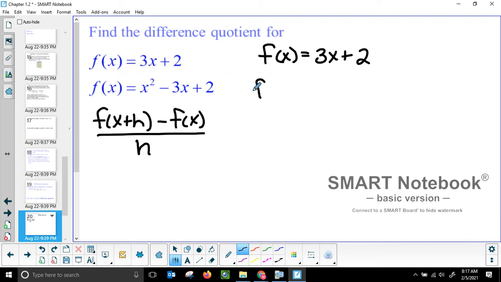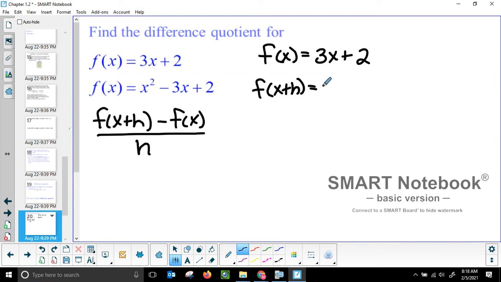To find f of x plus h, for some reason, this confuses a lot of students. But if you were doing f of -2, you would just plug -2 in for x. If you were doing f of 5, you would just plug 5 in for x. Well, if you're finding f of x plus h, you literally plug x plus h in everywhere you see an x.